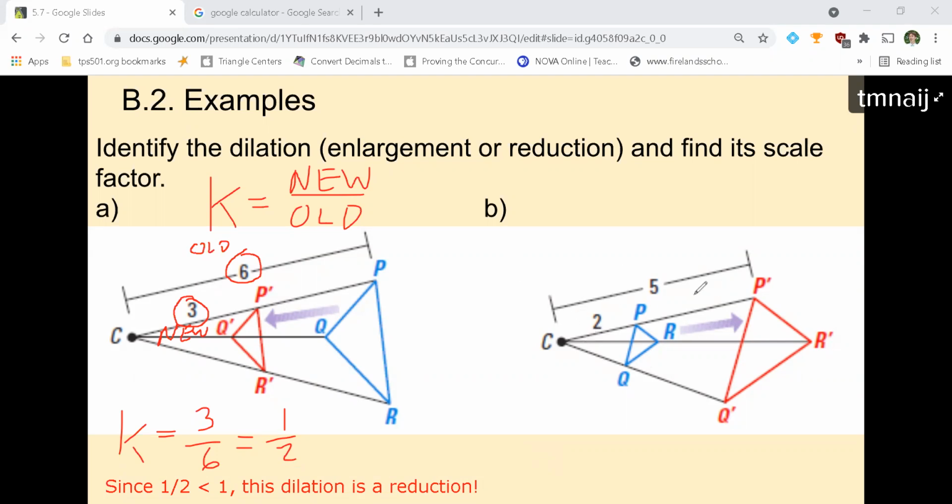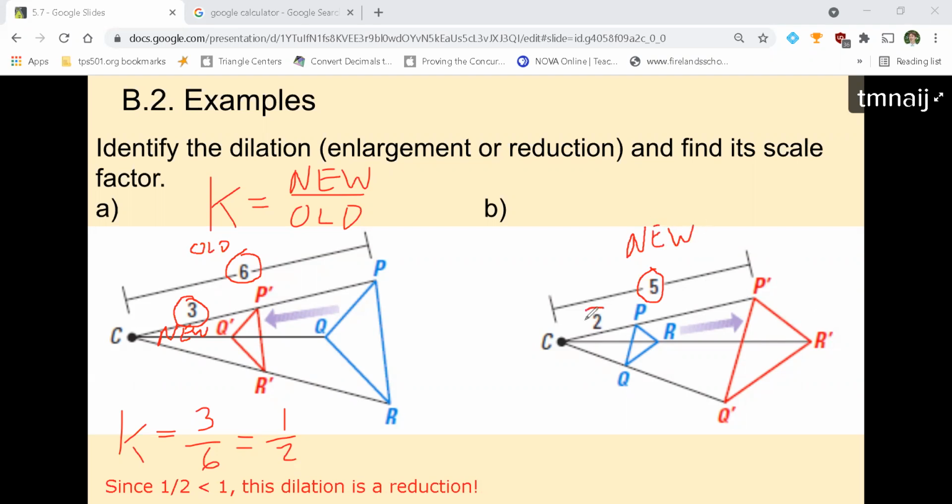So like for this one, again, the first thing you got to do is just identify what's the starting, what's the ending. This is the starting triangle. The red one is the ending. And I know that because of the apostrophes. The new length from C to my red triangle is 5.